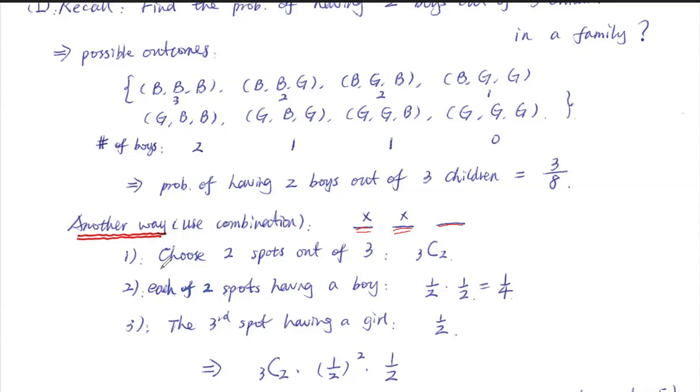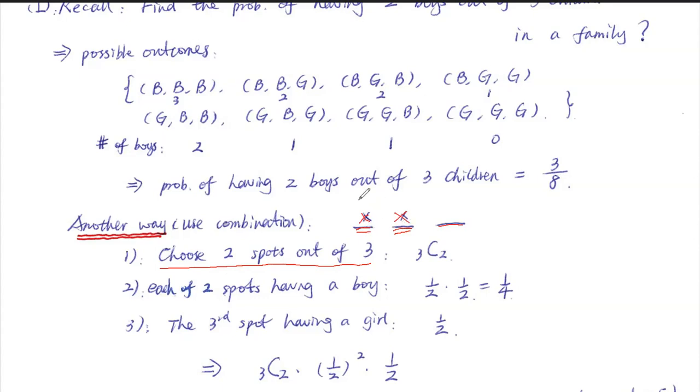The first step: how many choices do we have if we want to select 2 positions out of these 3 positions? In that case, you are choosing 2 out of 3. It is a combination case because we don't really care which one is the first and which one is the second.